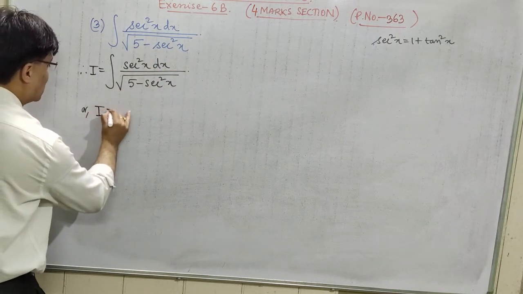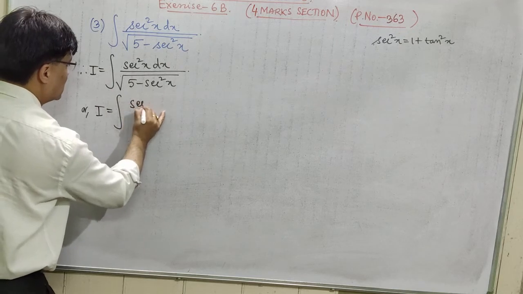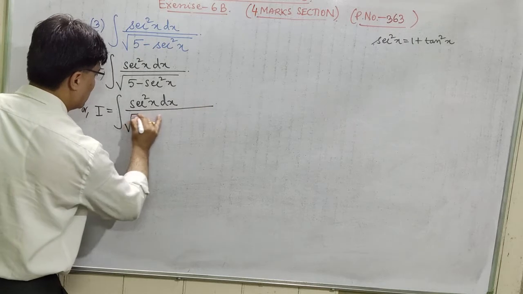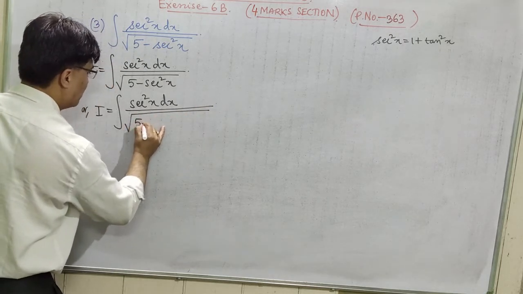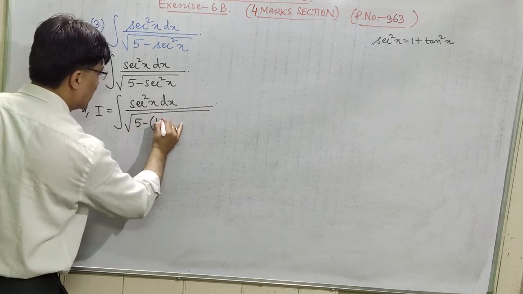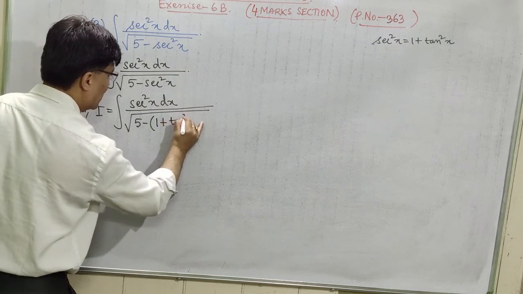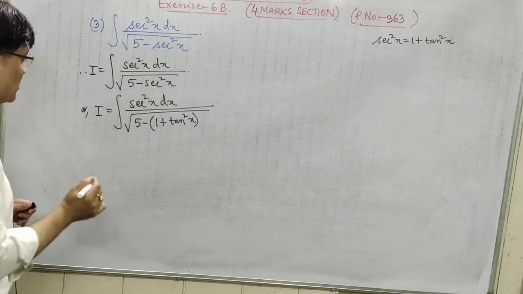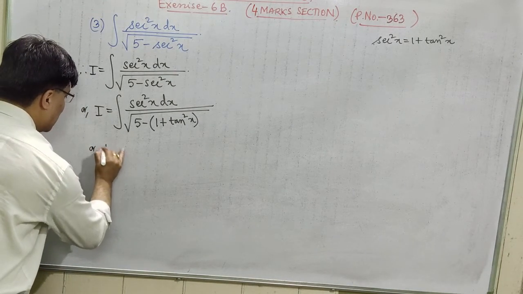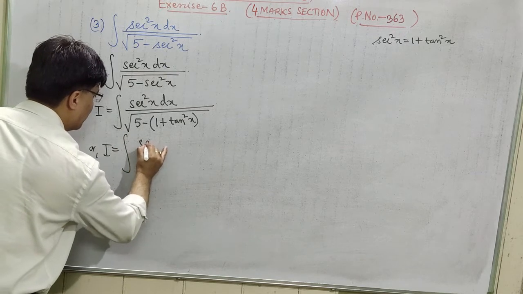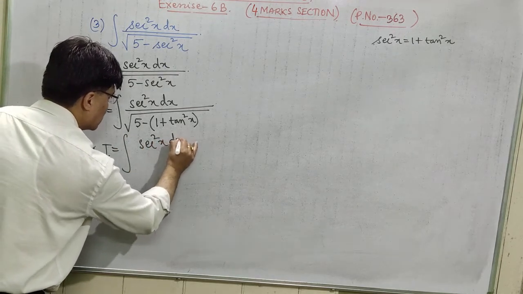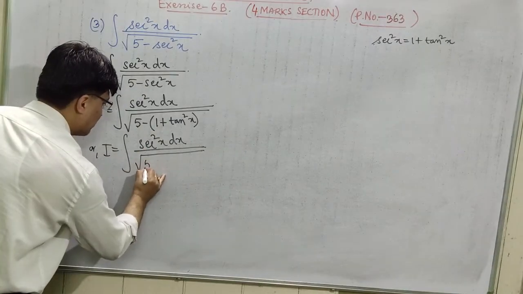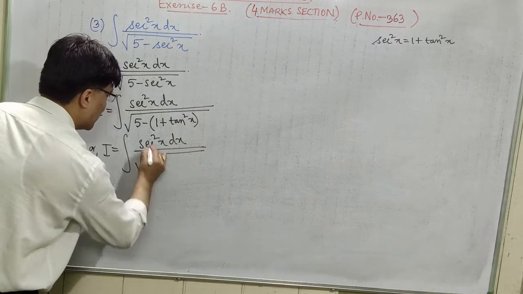So I is equal to integration of sec square x dx divided by within square root 5 minus, what is the formula for sec square x? It is 1 plus tan square x. Okay, so let us simplify it further. I is equal to integration of sec square x dx divided by within square root 5 minus 1 minus plus.